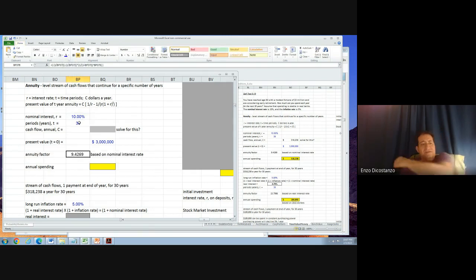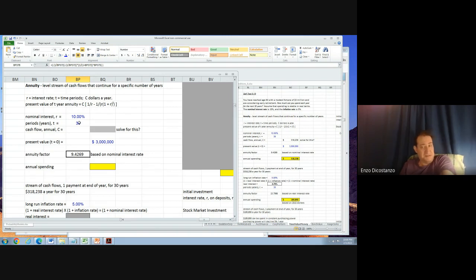What does this mean? I need $9.42 today if I can earn 10% a year and I want to spend $1 a year for 30 years.